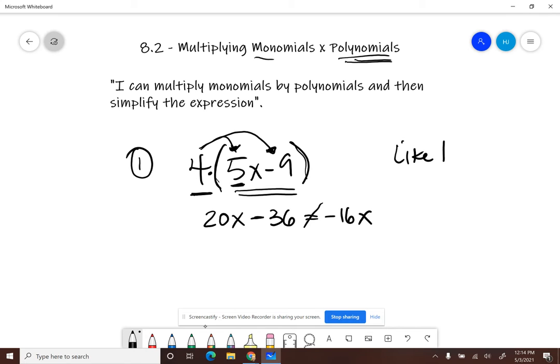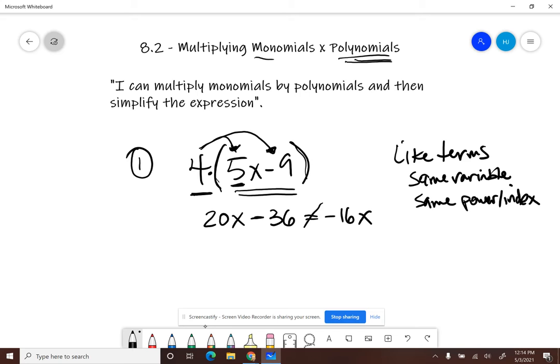Like terms have to have the same variable, and they have to have the same power, or another word, index.